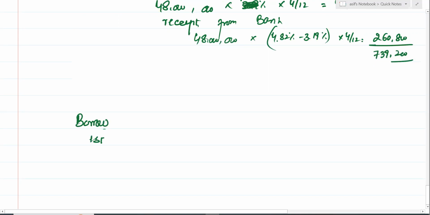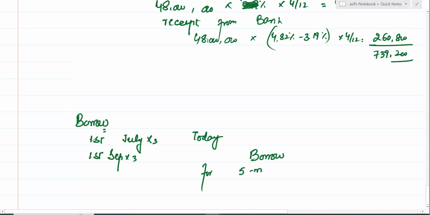Let's say today's date is 1st of July X3, and you want to borrow on 1st of September X3 for 5 months.